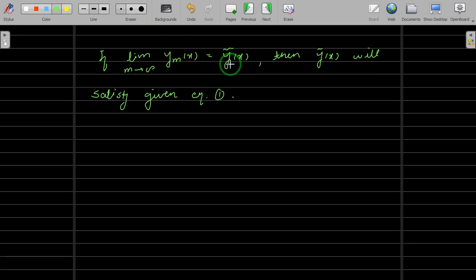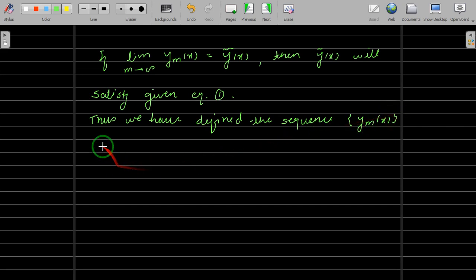Since you are taking the limit, you may not get the exact value, but you will get the approximate value, and thus we have defined the sequence ym of x of approximations.